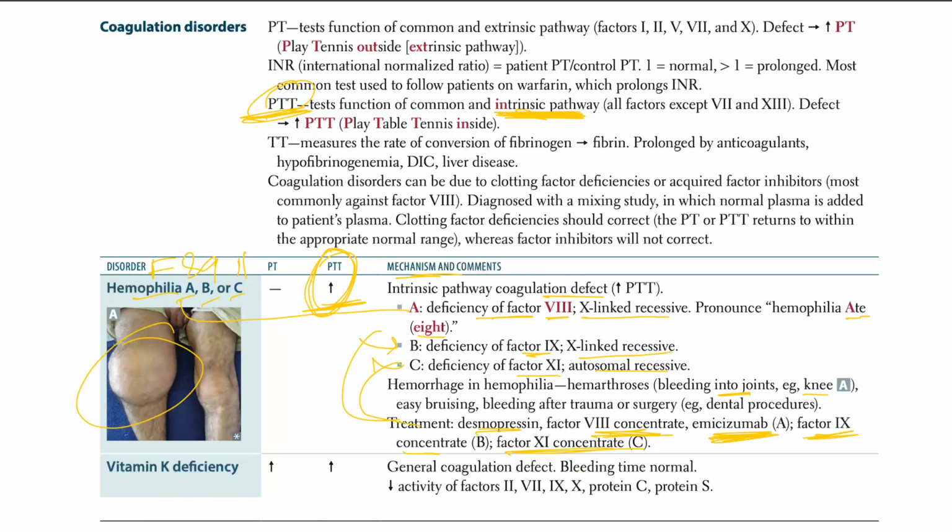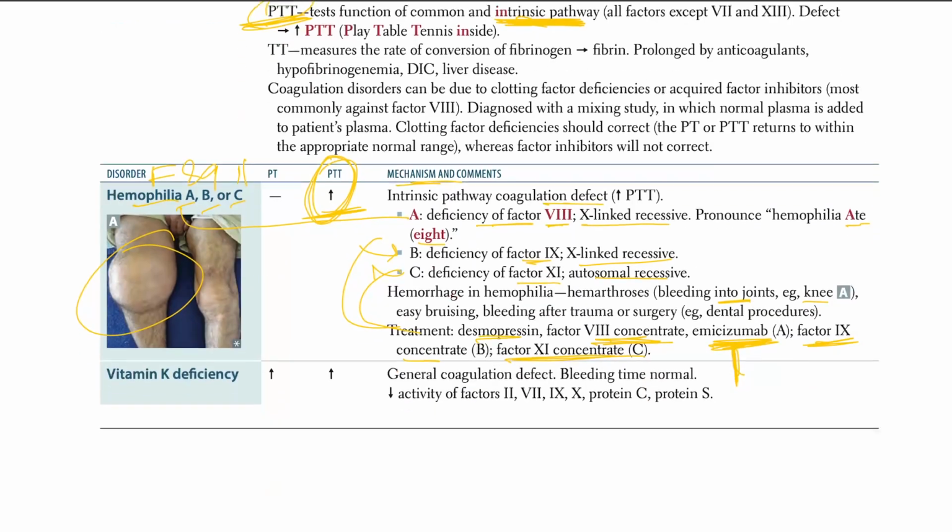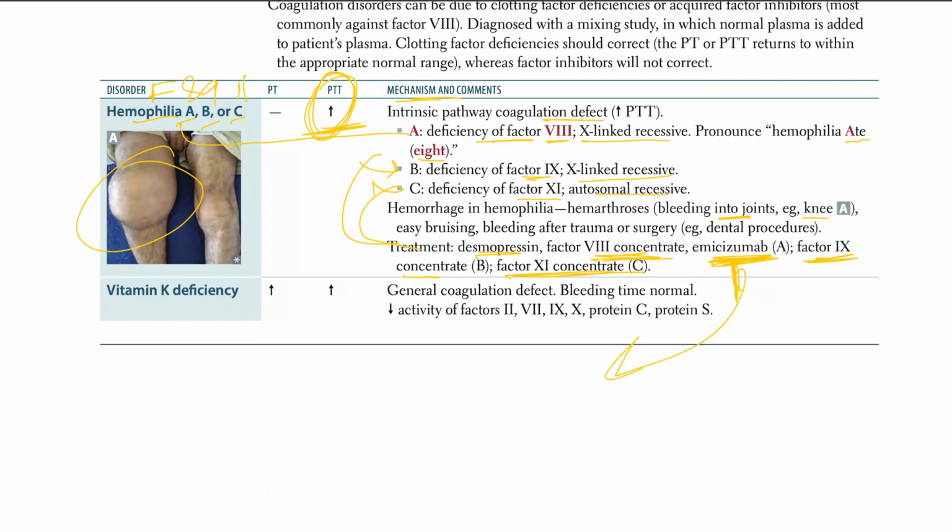What is this emicizumab? Well, this emicizumab is a bispecific monoclonal antibody.